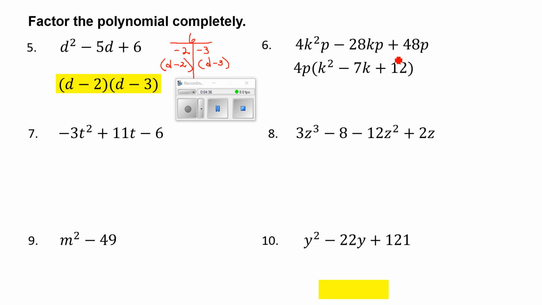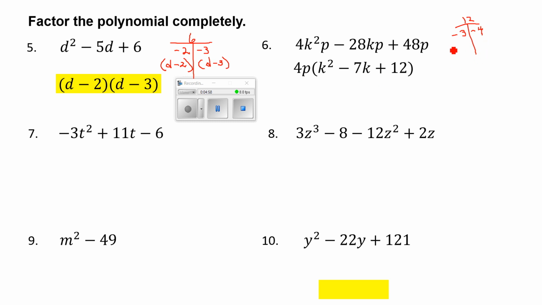We know that 1 times 12, that's 12. And now we're going to find factors of 12 that give me a negative 7. Right off the bat, I can think of negative 3 and negative 4. Because negative 3 times negative 4 is positive 12, and negative 3 plus negative 4 is negative 7.